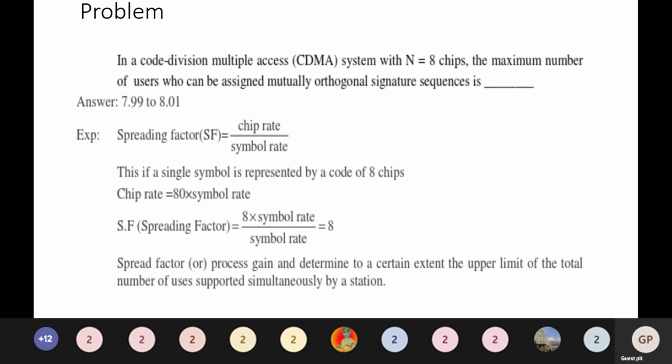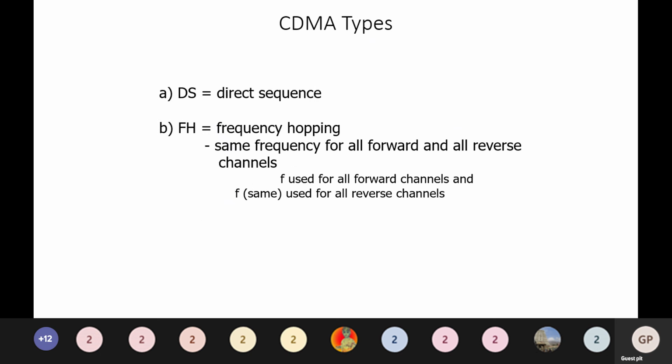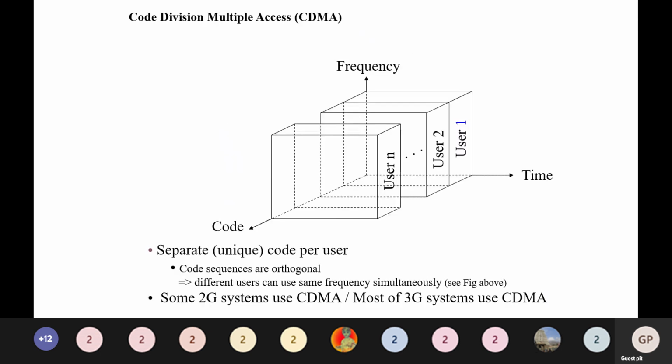You can expect problems of this particular type. So please go through these multiple access schemes.